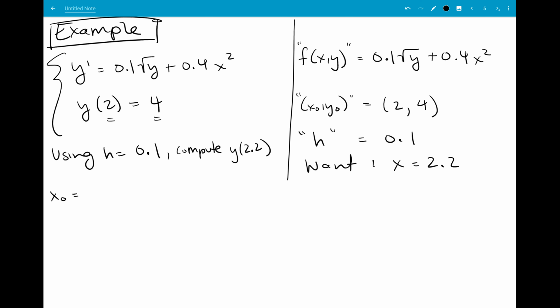So for me, it's easiest to just do these things in a list. So I have x0 equals 2, y0 equals 4. So I could find f of x0, y0 is equal to 0.1 square root of 4 plus 0.4 times 2 squared. And I did this beforehand so that you wouldn't sit here watching me do arithmetic.